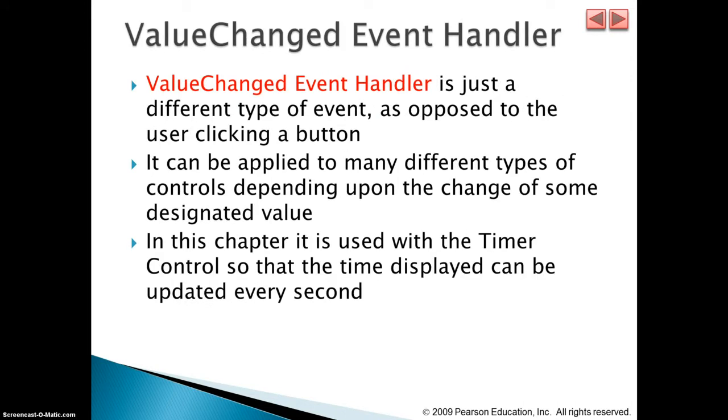Now here's another type of event handler, and this is the one associated with the timer control object, a value changed event handler. So basically you can detect something. In this case, a value is changing within that timer. The millisecond value is changing, increasing, and that would then trigger the event to go ahead and execute.